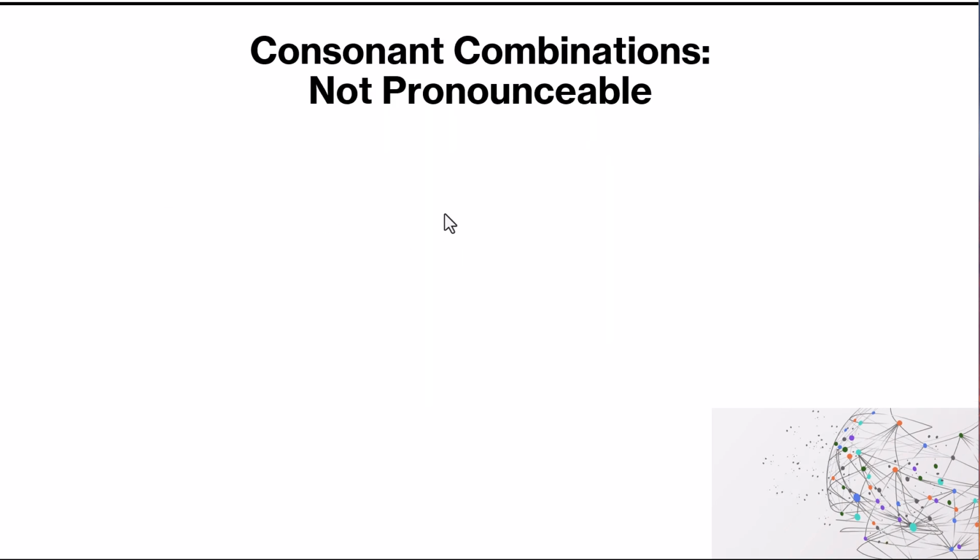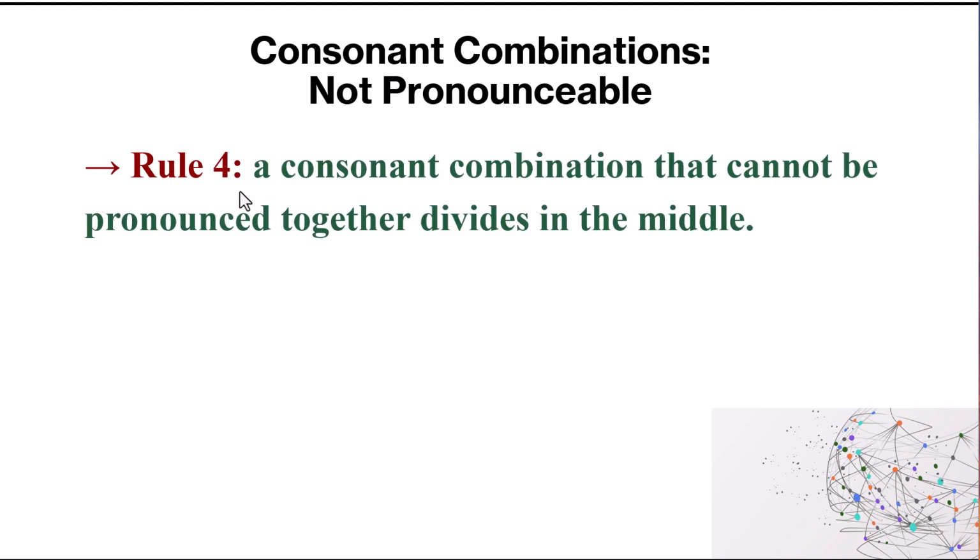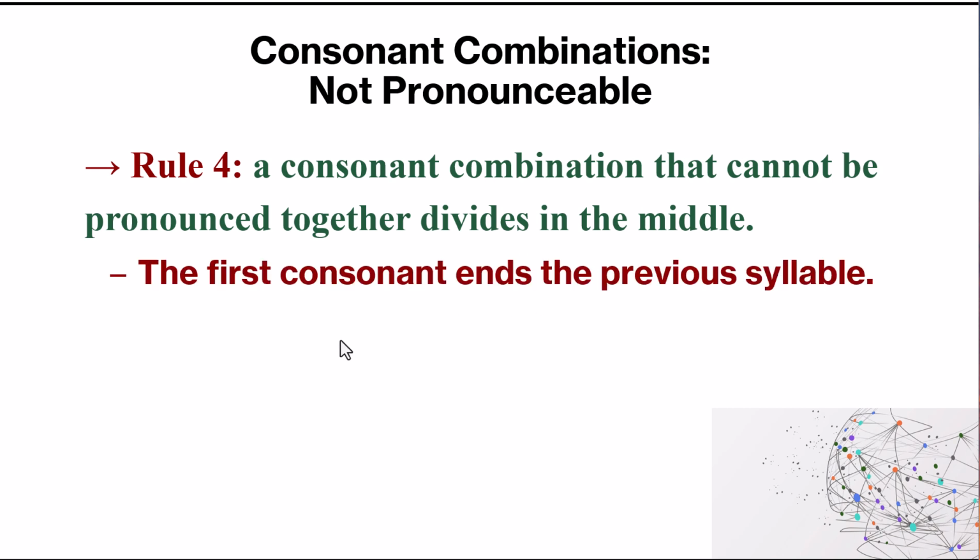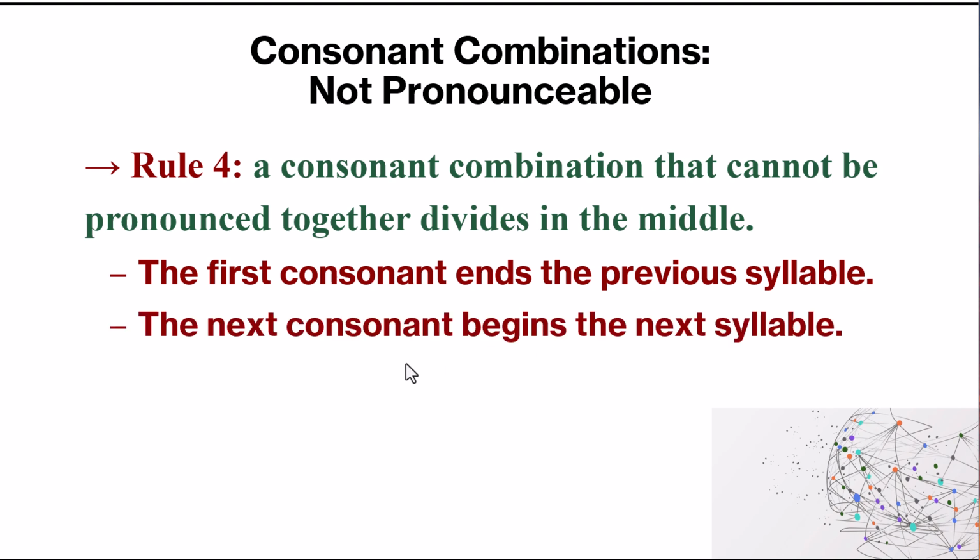The next rule deals with consonant combinations that are not pronounced together. So Rule 4 is that a consonant combination that cannot be pronounced together divides in the middle. So the first consonant in that cluster ends the previous syllable. The next consonant begins the next syllable.